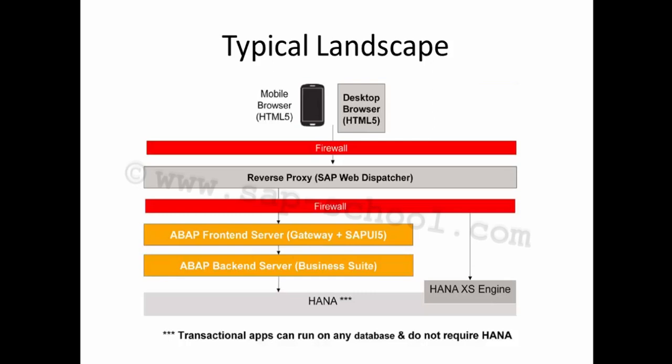Then the ABAP front-end server will contain all the infrastructure components to generate an SAP Fiori app specific UI for the client and to communicate with the SAP Business Suite backend systems. So all the UI components and the gateway based on the SAP NetWeaver are deployed on the same server.